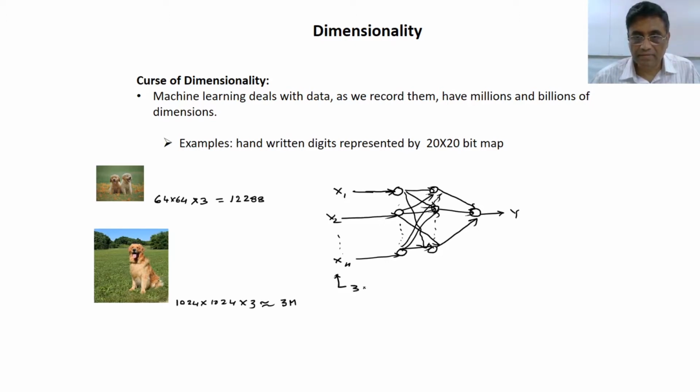This is 3 million, and then in my hidden layer, say I have 1000 neurons. Then already you can see the problem here.